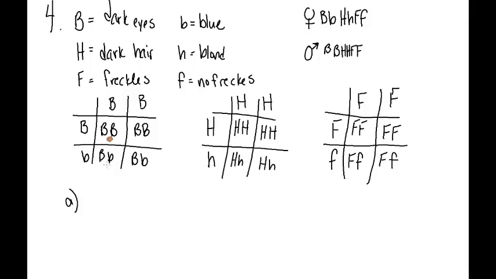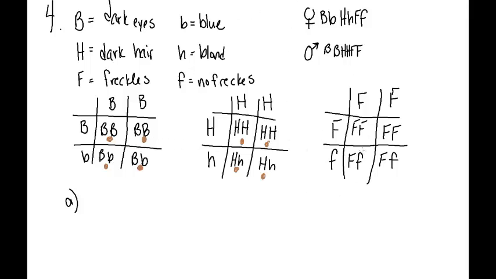We'll have brown eyes, brown eyes, brown eyes, and brown. And then we will have dark hair, dark hair and dark hair. I'm sorry, this would not be blue. I was making things up and not looking. These would all be dark.